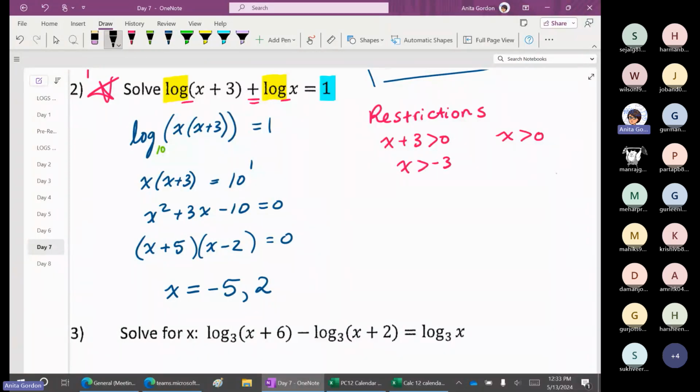The domain of the logarithm is where these 2 overlap. What's the overlap? Greater than 0, right? So my restriction is that x has to be greater than 0. So right away I can say, oh, can't do negative 5. It does not fit my restriction. So my final answer is that the only possibility here is that x can be 2.